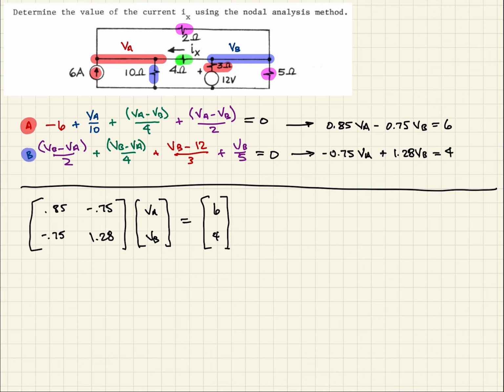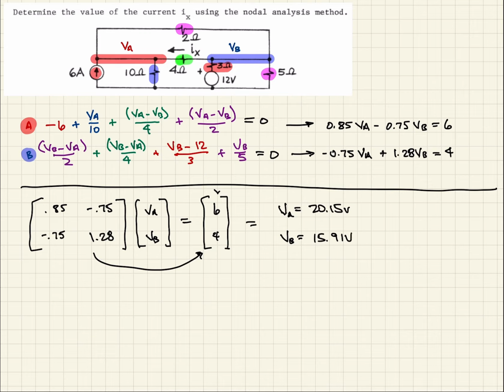So again, now we're using our scientific calculator. If we were to take this array and divide this into this, what we'll come up with then is VA is equal to 20.15 volts, and VB would be equal to 14.91 volts.